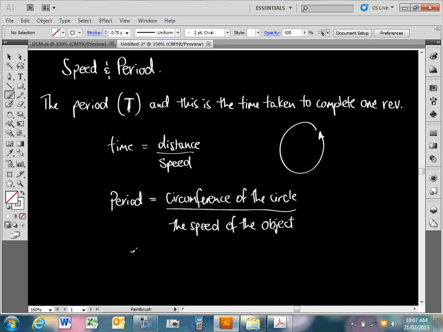So from that we can get T equals 2 pi r, circumference, over V.